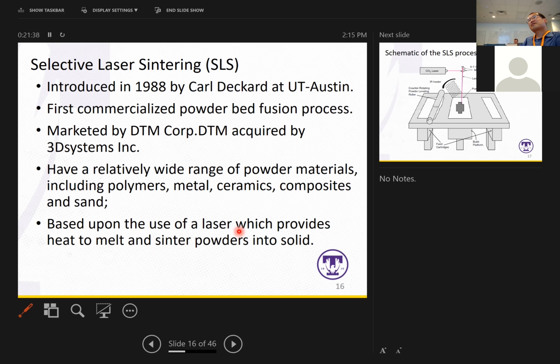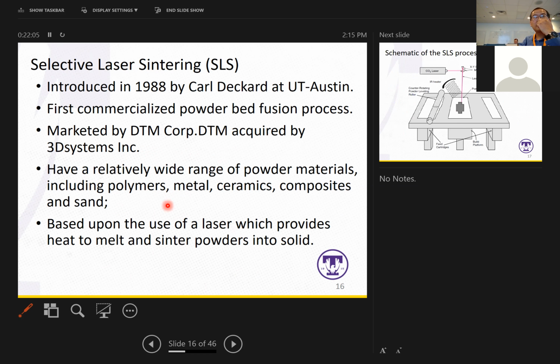Okay, so this kind of process is also based on the powder bed, right? They are marketed by DTM Corporation, and right now DTM is acquired by 3D Systems. So selective laser sintering has a relatively wide range of powder materials.